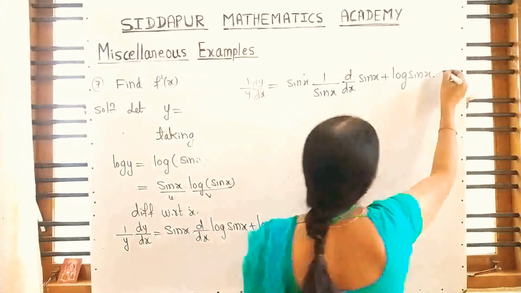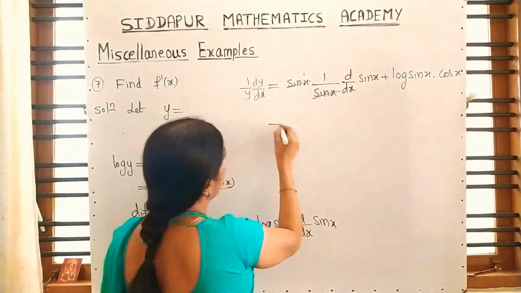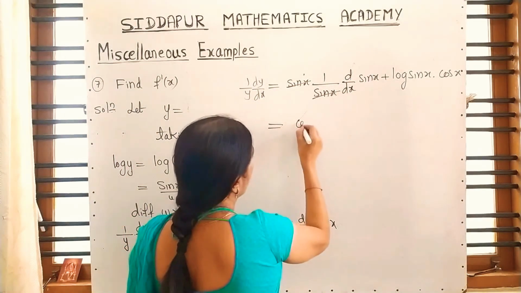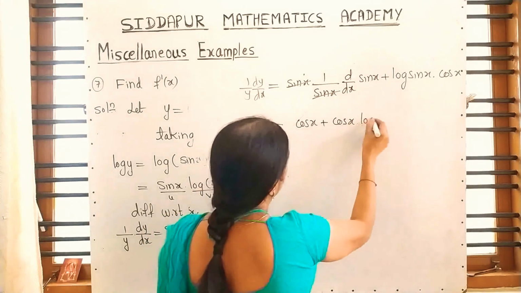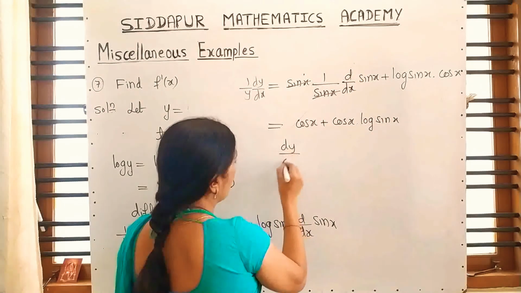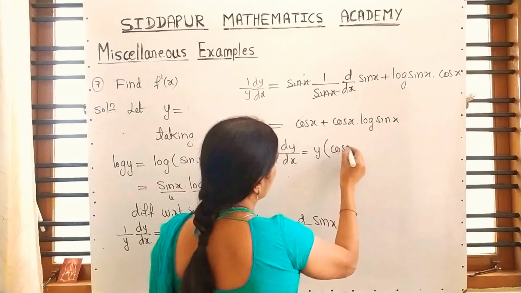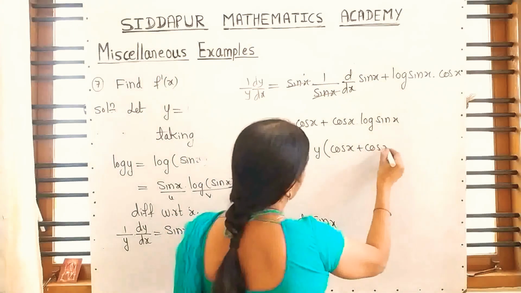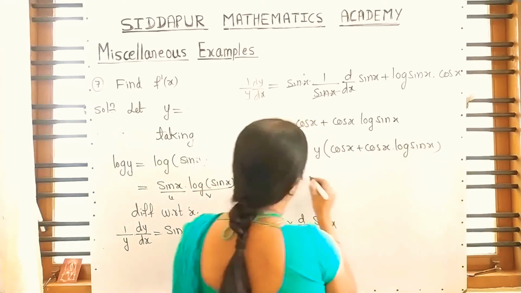Differentiation of sin x is cos x. This sin x and sin x get cancelled. Differentiation of sin x is cos x, plus cos x into log of sin x. Dy upon dx is equal to y in the bracket, cos x plus cos x into log of sin x.